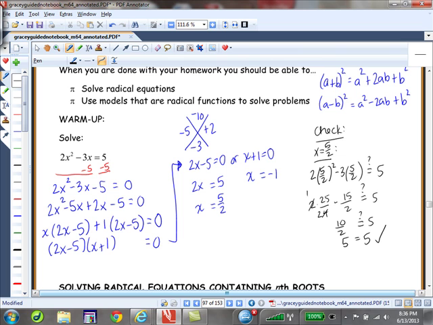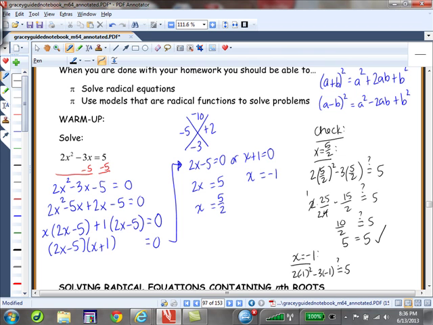And let's see, x equals 1 will be a little easier. It might get a bit scrunched. For x equal to 1, we would have 2 times 1 squared minus 3 times 1. Oh, my apologies, it is negative 1. X equal to negative 1. And then we're looking to see is that equal to 5.